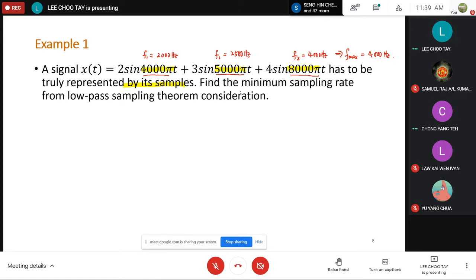So what is my minimum sampling rate? 8K, yes, very good.